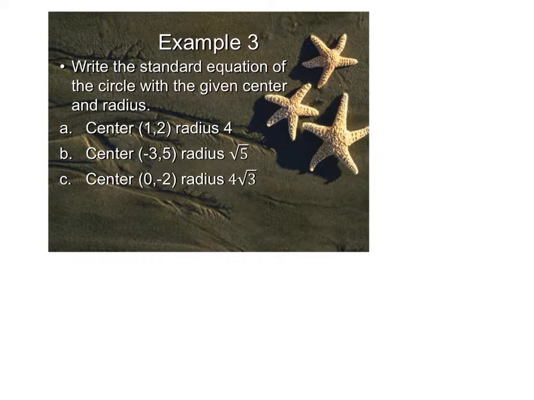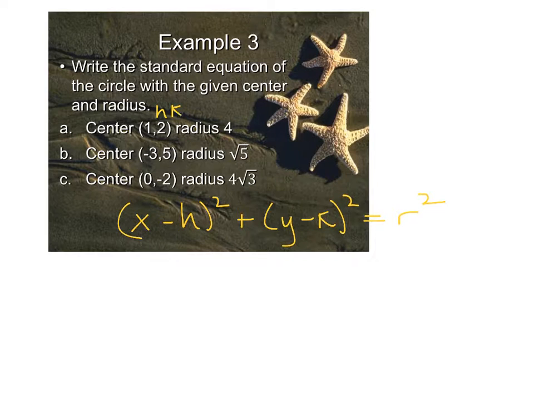All right, so again, remember the standard form of the equation is x minus h squared plus y minus k squared equals radius squared. There we go. Okay, so this is the formula I'm going to use. Remember the center over here, this 1, 2, is going to be the h, k. And then the radius, of course, is your letter r.